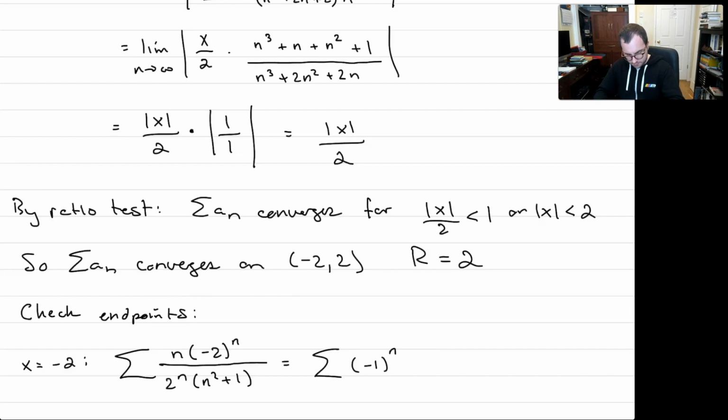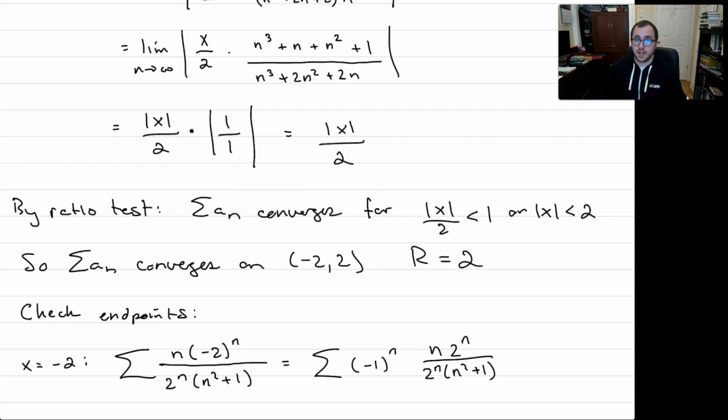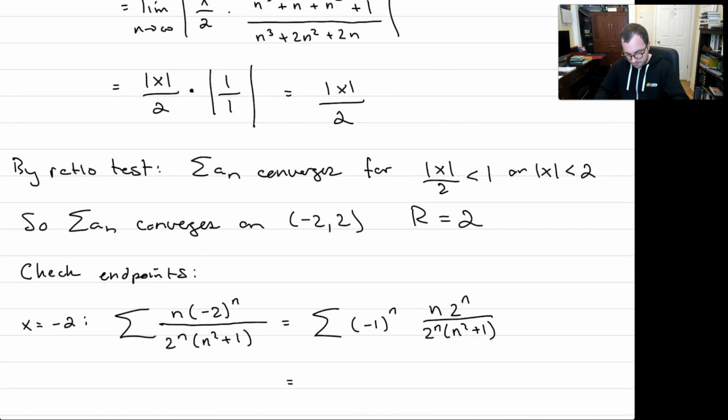So I've replaced the x with -2, and then I've pulled out the negative part of (-2) to the n, and it becomes an alternating series. But we notice that those 2 to the n's cancel, and it becomes an alternating series, n over n squared plus 1.